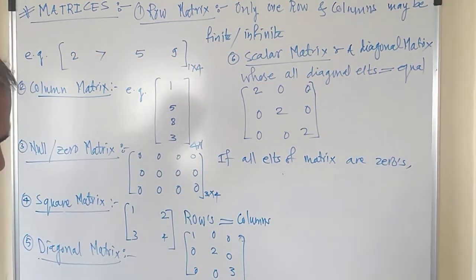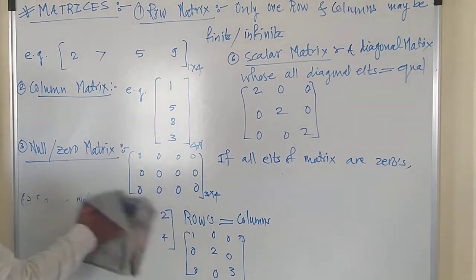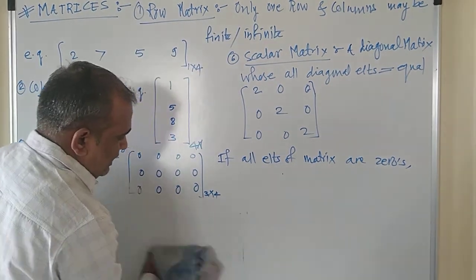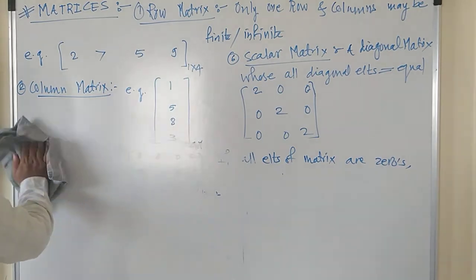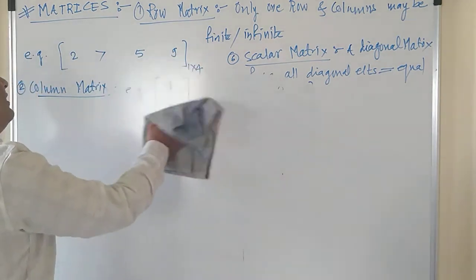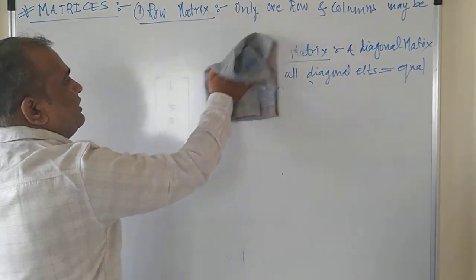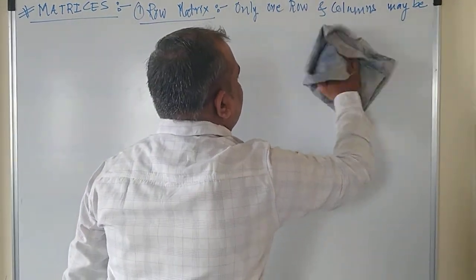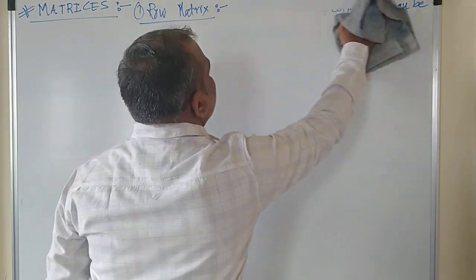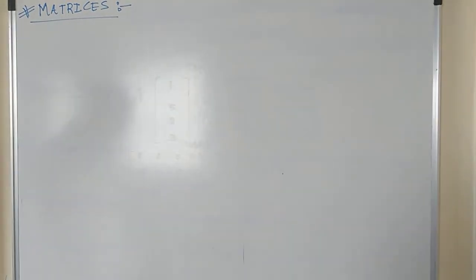Next, some kinds of matrices are the unit matrix, identity matrix, and singular matrix. Let's go for those. What is meant by a unit matrix? You are quite familiar with the unit matrix. Unit matrix and identity matrix are one and the same. That means its diagonal elements must be 1 and other elements must be equal to 0. This is called a unit matrix or identity matrix.